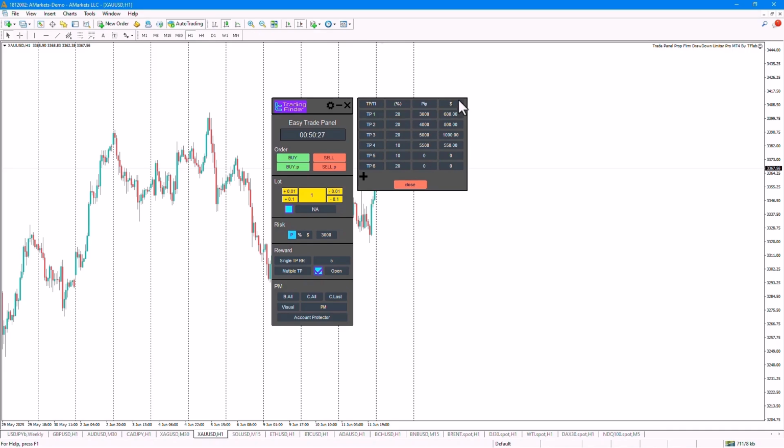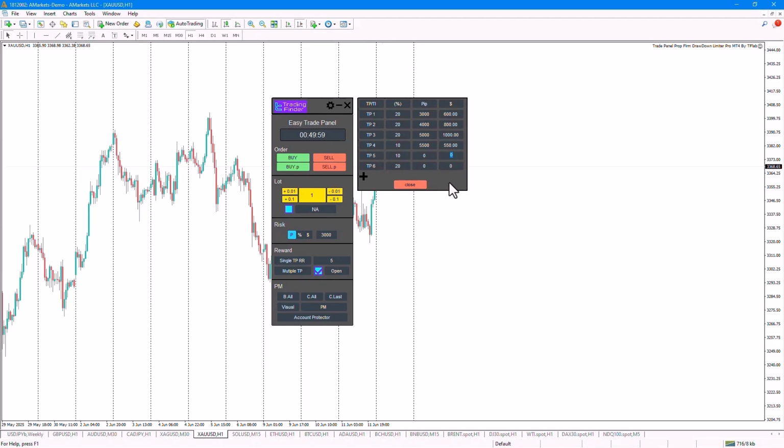And on the opposite side, in the 4th column, the expert advisor automatically calculates the profit amount for each level based on the percentage of volume exited from the trade and the distance between the take profit level and the entry point, and displays this amount for us in this column. Also, by clicking on this section, I can set my take profit level based on a dollar amount.